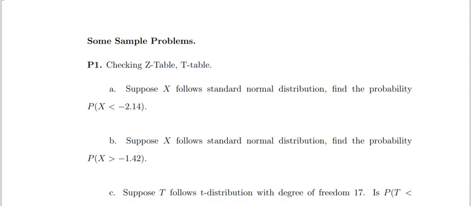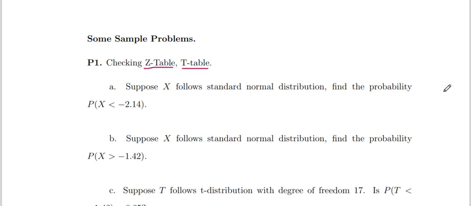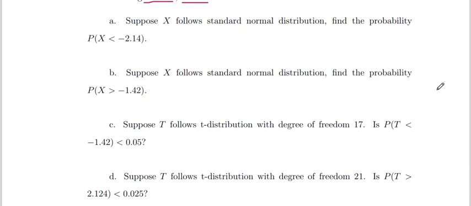Okay, so first one, check Z table, T table. This is the basic thing, so don't make mistakes when solving the problem. If we want to find a critical value, Z star or T star, it is just based on checking the Z table or T table.